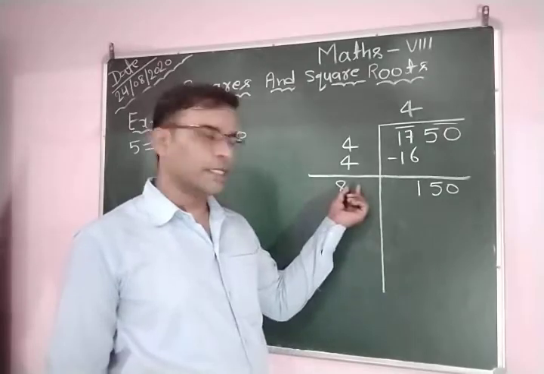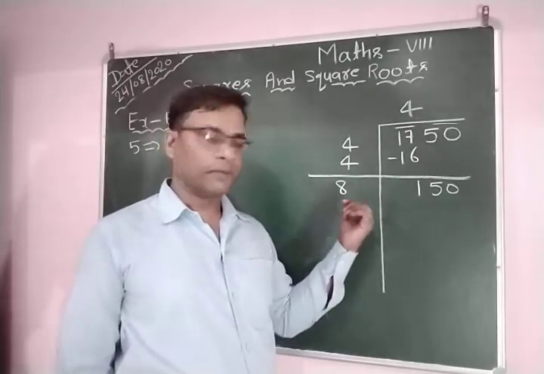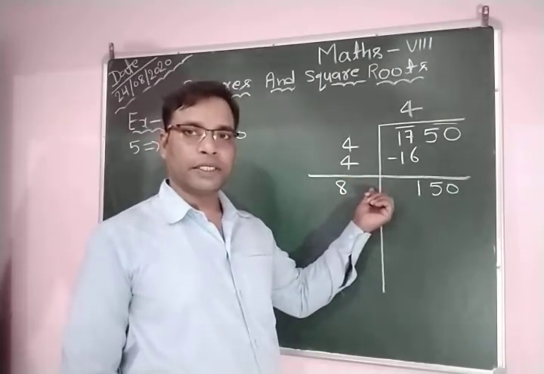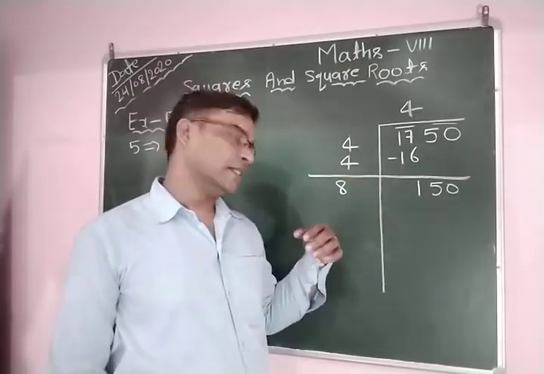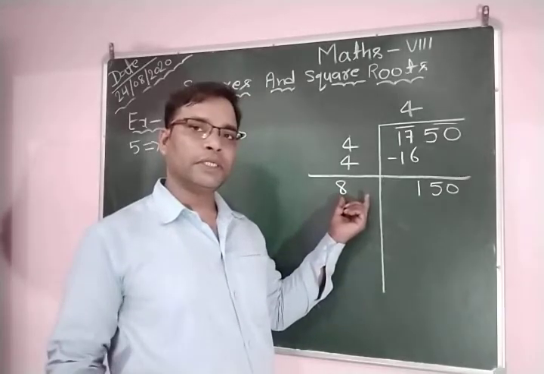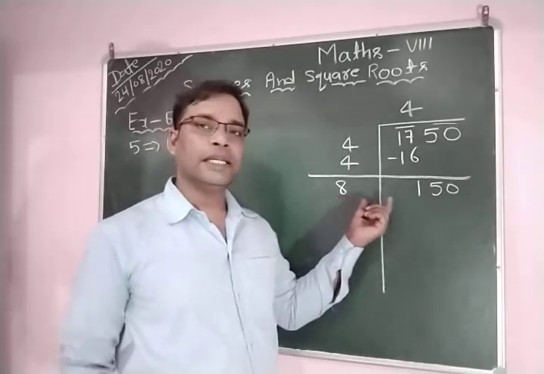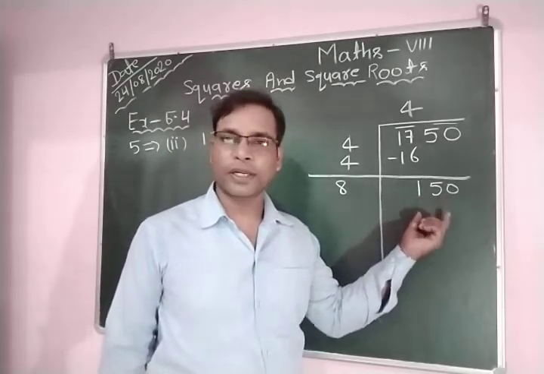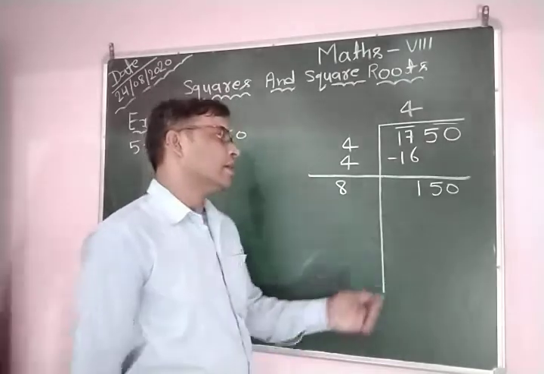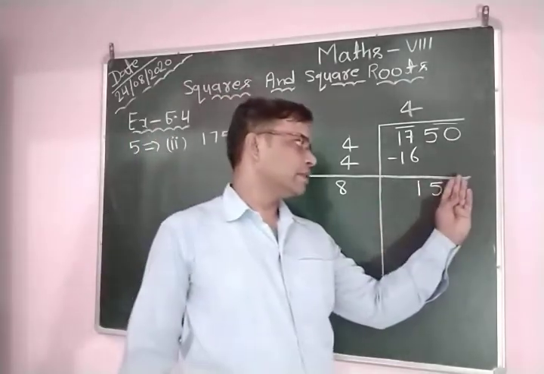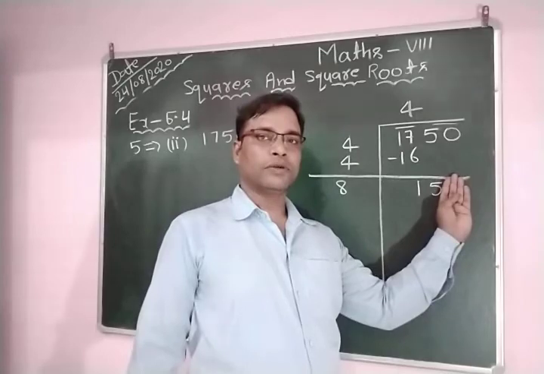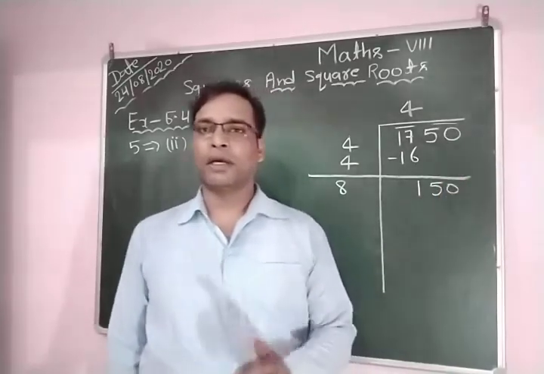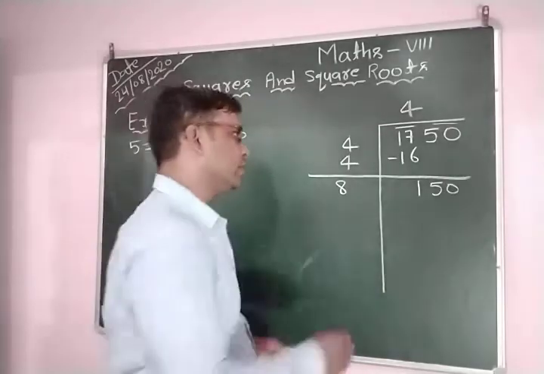Now we select a possible number and write here. In this way this becomes the new divisor, and we multiply the new divisor by the new digit so that it is less than or equal to the new dividend. Okay. So how to find? We hide this number 0. You can see 15. So if you divide 15 by 8, how many times? At least 1 time. So we write here 1.